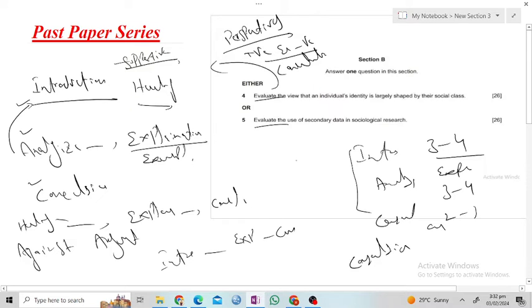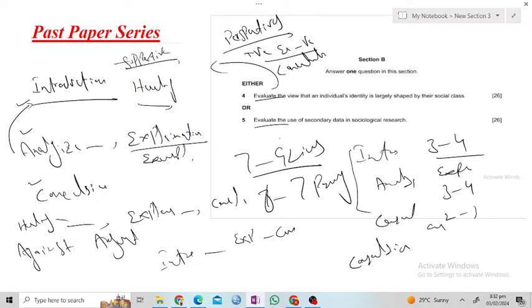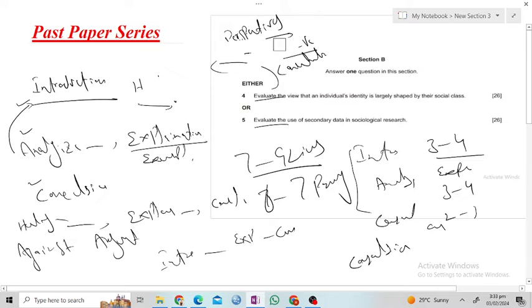One paragraph must consist of 7 to 9 lines, and you must have at least 6 to 7 paragraphs. You can note them down as analysis 1, analysis 2, analysis 3. How will you get this structure? Let's attempt the question first, and then you will understand the structure.